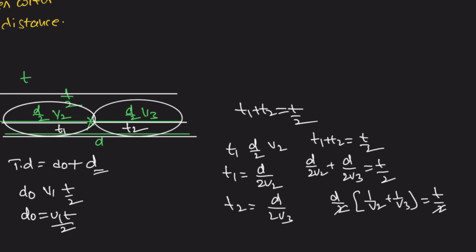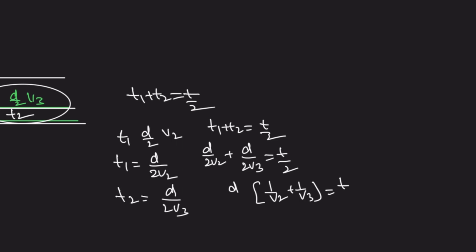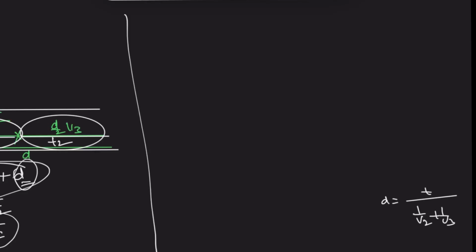So 2 cancel. From this equation d is taken as t by, so here 1 by v2 plus 1 by v3 is in multiplication form. Bring this to the other side, then it becomes the denominator. So what is d here? t by 1 by v2 plus 1 by v3.